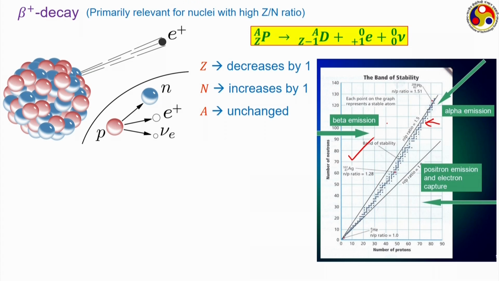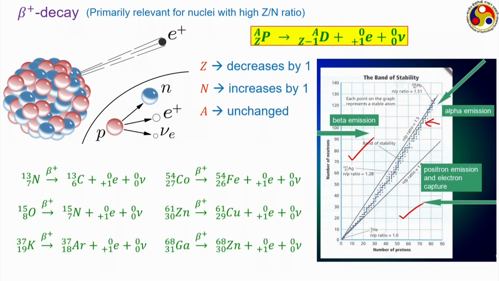So, we are into this zone where isotopes have more neutrons compared to protons than required, whereas this positron decay is relevant to this particular situation where the particles have fewer neutrons, or they have excess protons compared to whatever is required to have a balanced situation.